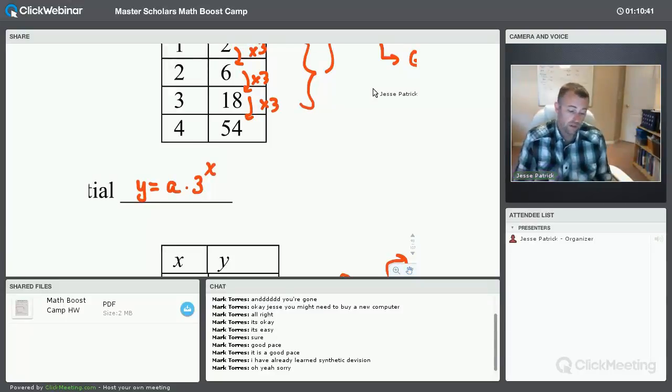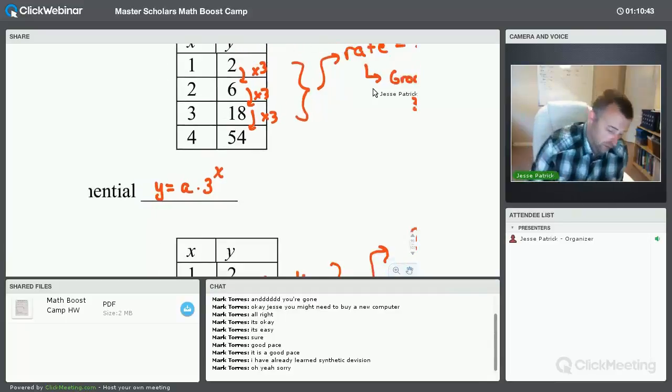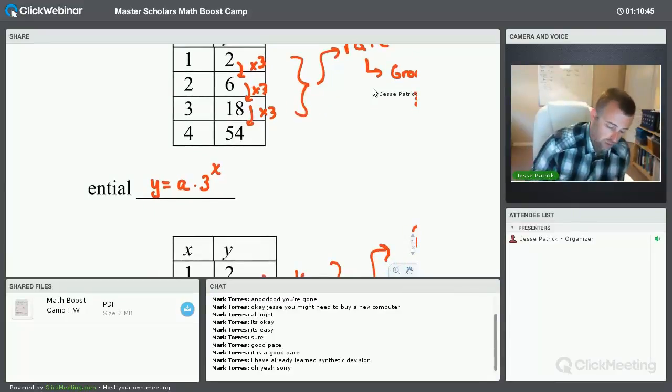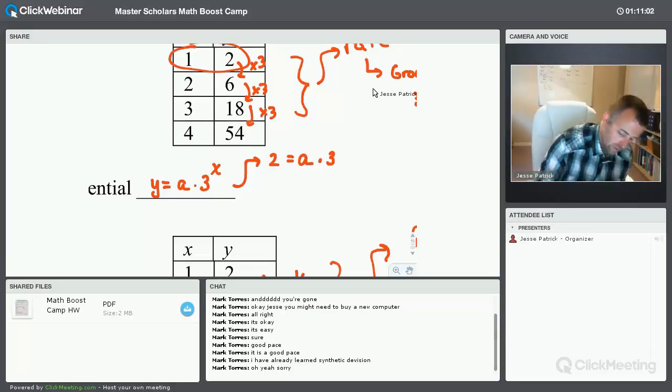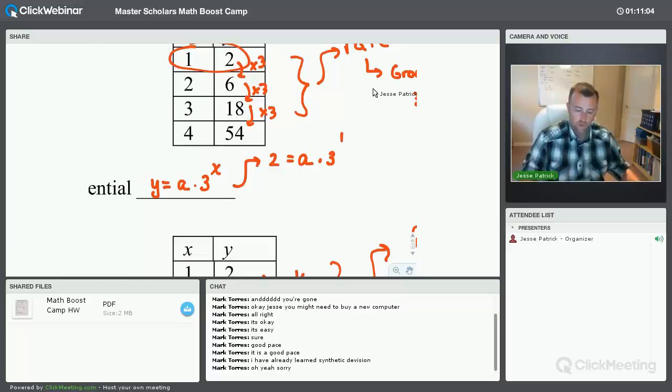Now, if they wanted you to find the initial value, you would just plug in a point. For example, the point (1, 2). So I would just go 2, which is my y value. I'm just using this point. You can use any point you want, but you might as well just use the smallest numbers. 2 is my y value. That equals a times 3 to the first power.